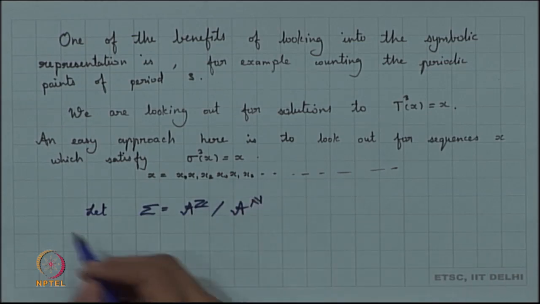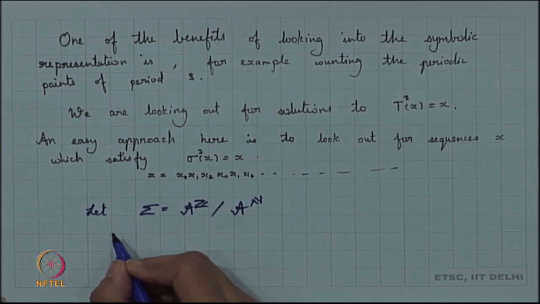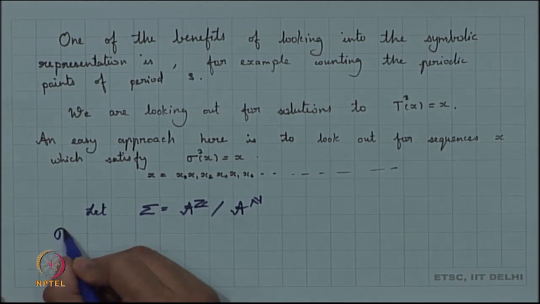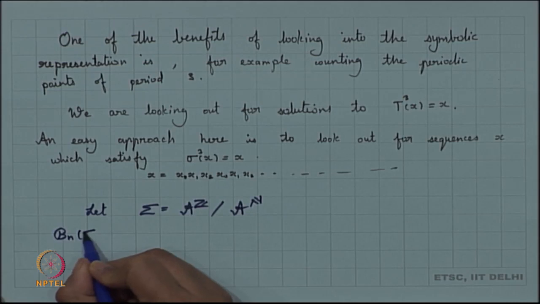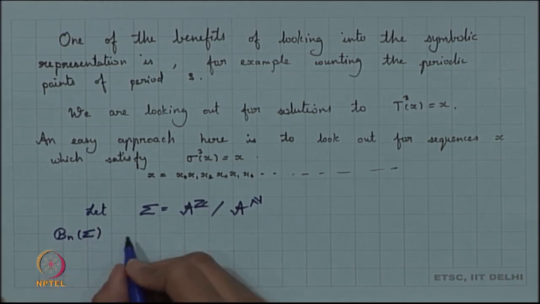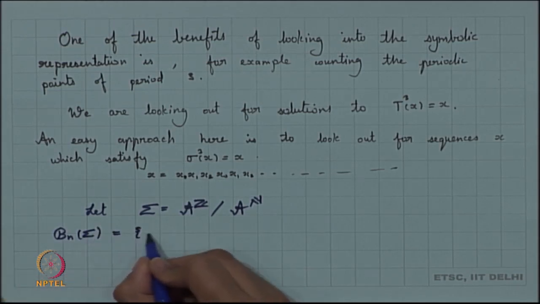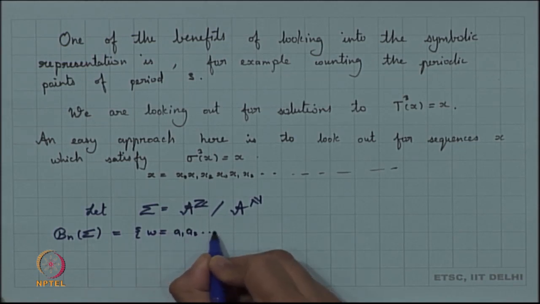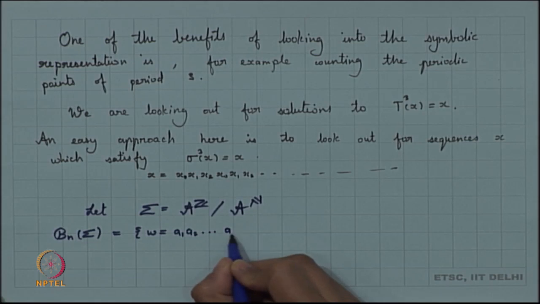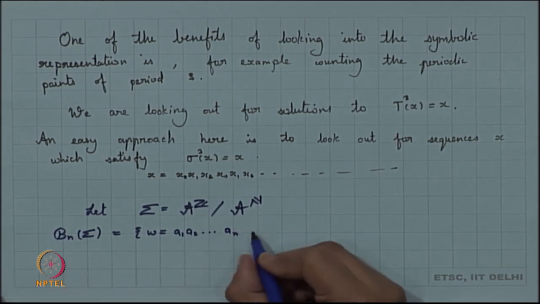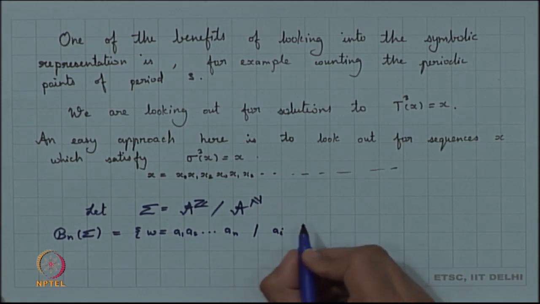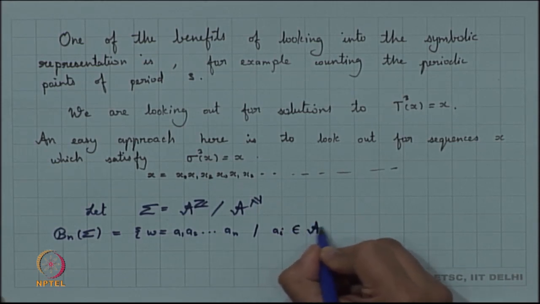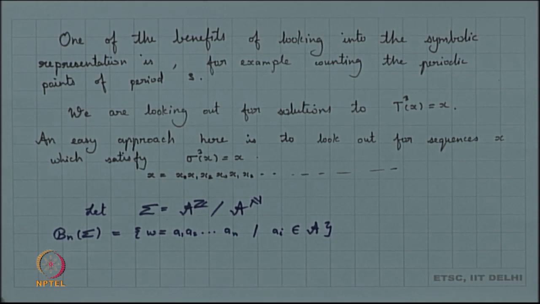Now, what is our B_n sigma? I am defining something here, B_n sigma, which happens to be basically the set of all words a1, a2, ..., an such that ai belongs to A. We are trying to look into this factor.